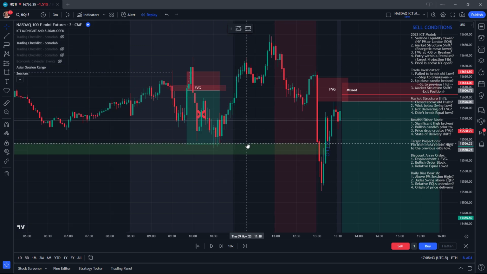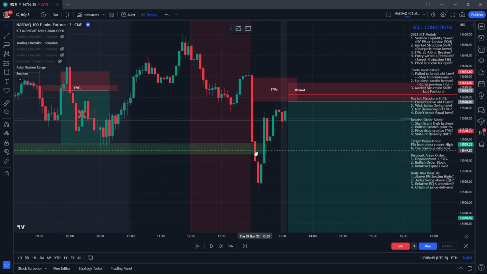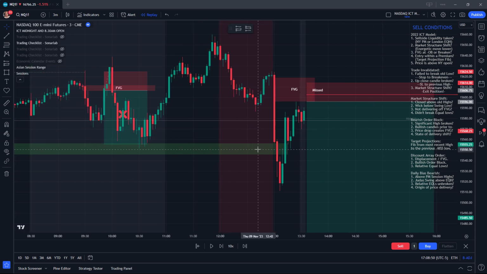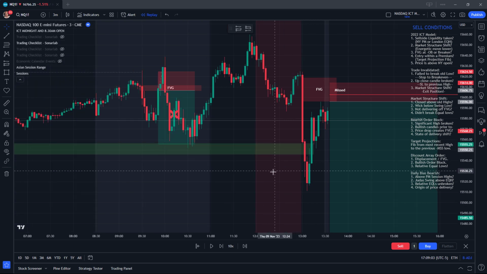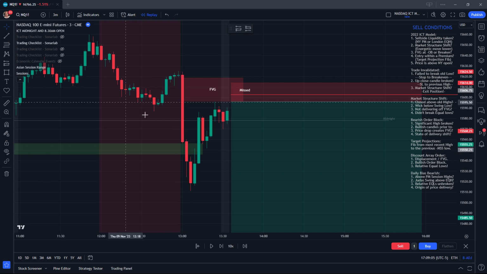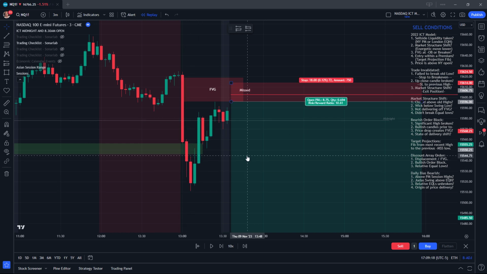Although you might say, aha, yes it is, look, it's hit the fair value gap and now it's moving away from it, the key thing is that the mean threshold has been violated, and price has violated this fair value gap by closing below it. If for example price got to here, wicked below it a little bit and then left it, then it would be originating from there, but it's violated it to the downside, and that's a key distinction.